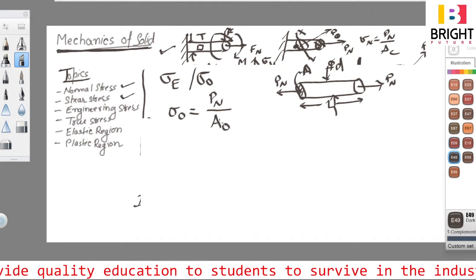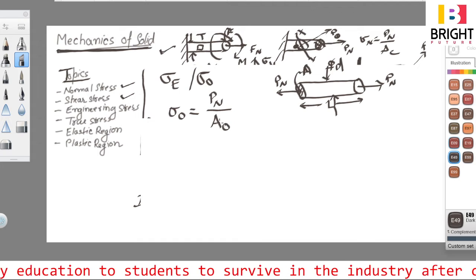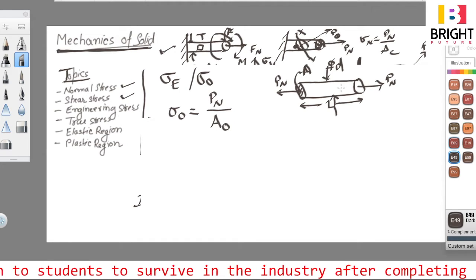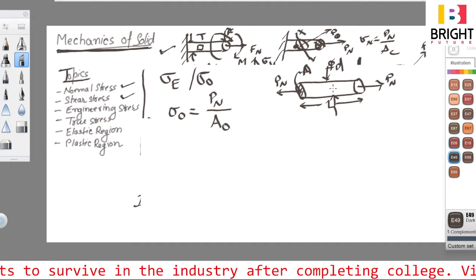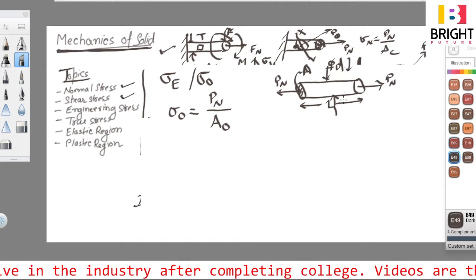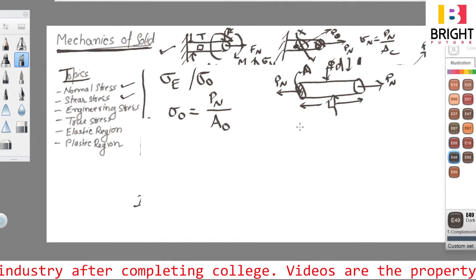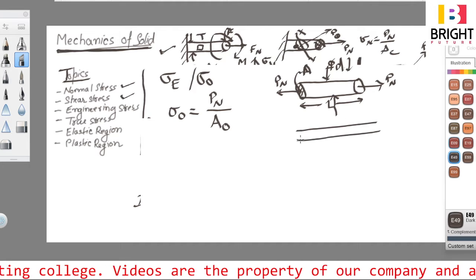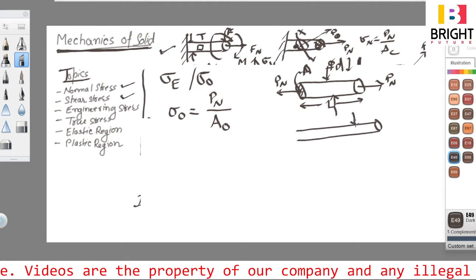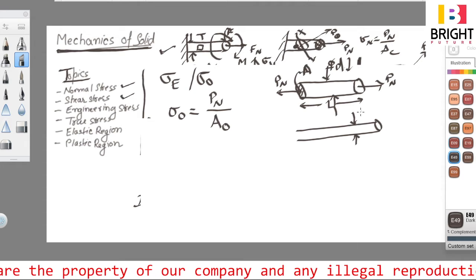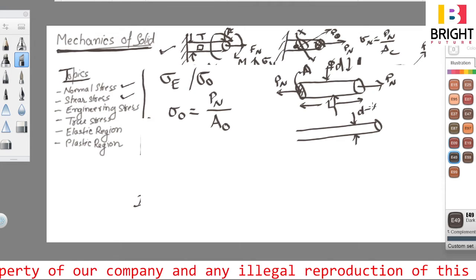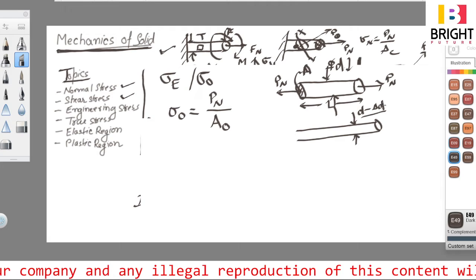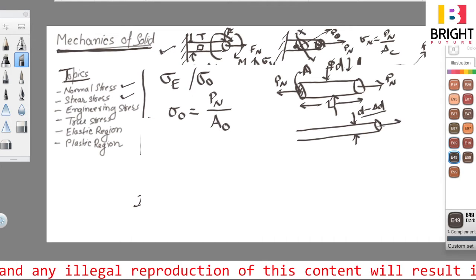But do you think that area will be original always? Because when its length will increase, this diameter will decrease, na? So this particular length will keep on increasing like this, and its diameter will decrease by del D. So it will be D minus del D, okay, like this, and this load is Pn.